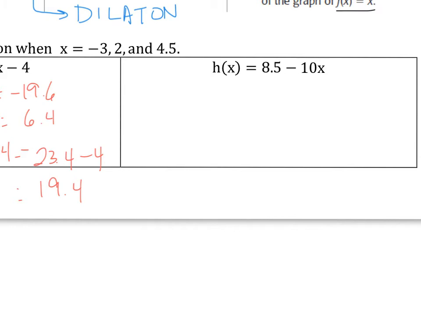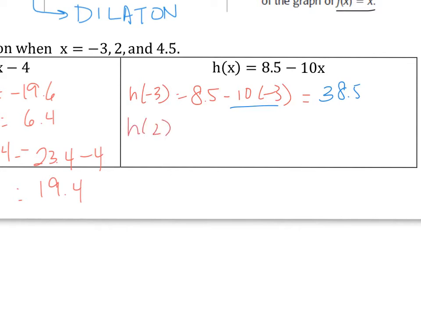And here we have h of -3 equals 8.5 minus 10 times -3. So -10 times -3 gives you 30. So this is 38.5. And then h of 2. Okay, so here's -20. -20 plus 8.5 gets -11.5.